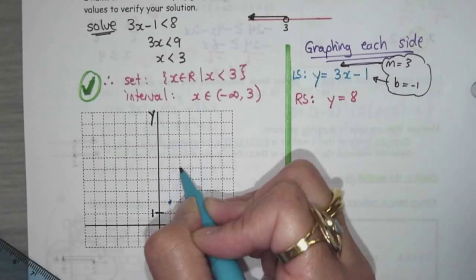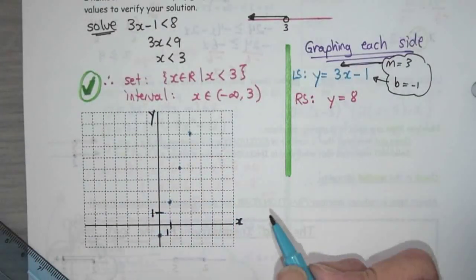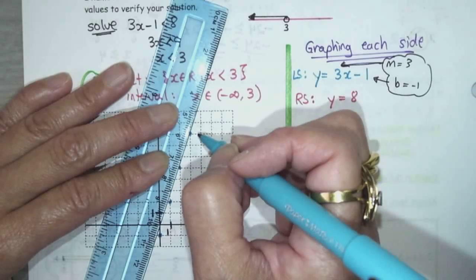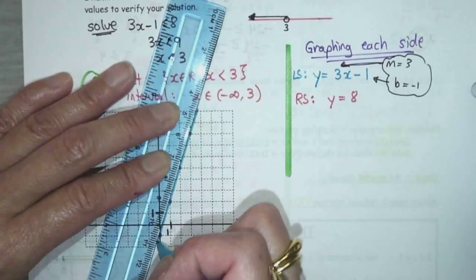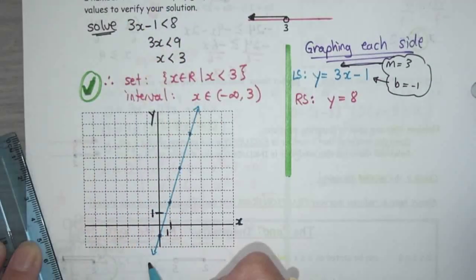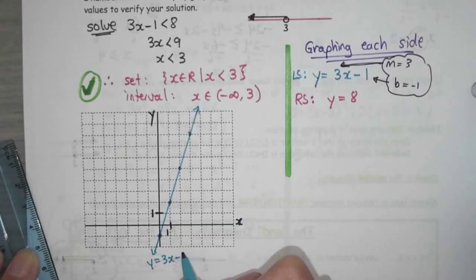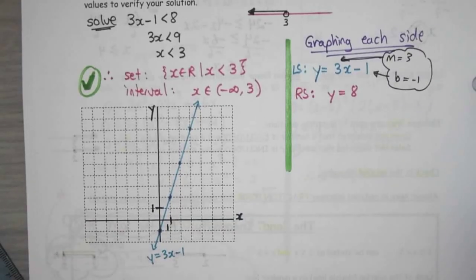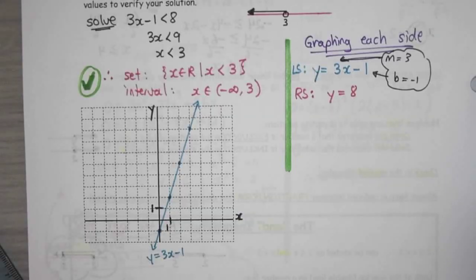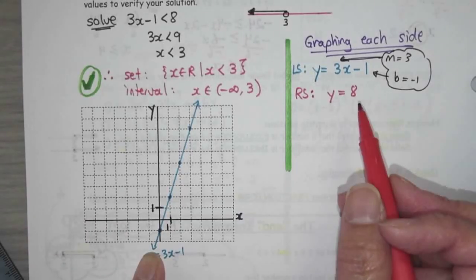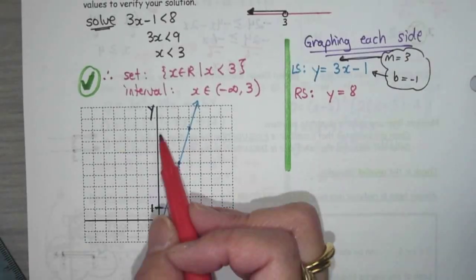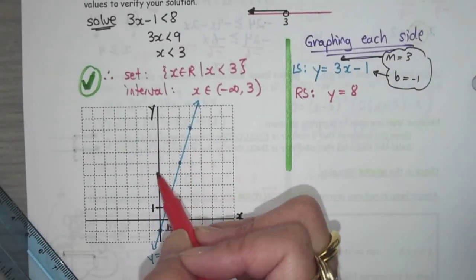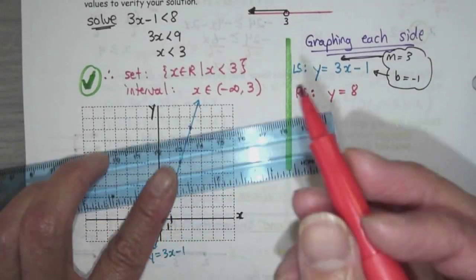Up 3 over 1, up 3 over 1, up 3 over 1, like that. And then we graph this lovely thing. This is actually y equals 3x minus 1. And then the red side is y equals 8, which is 1, 2, 3, 4, 5, 6, 7, 8, which is here.